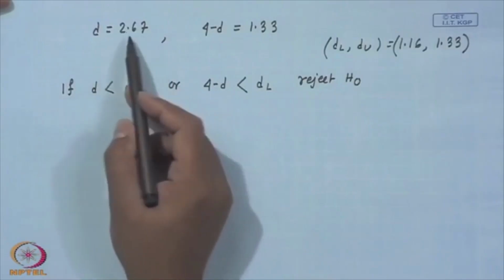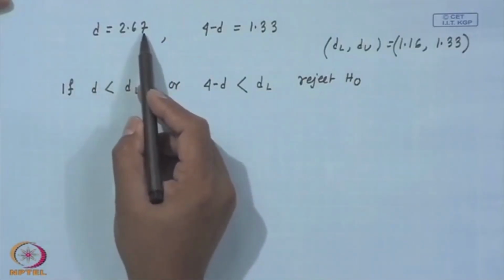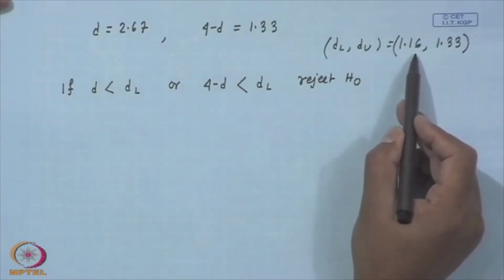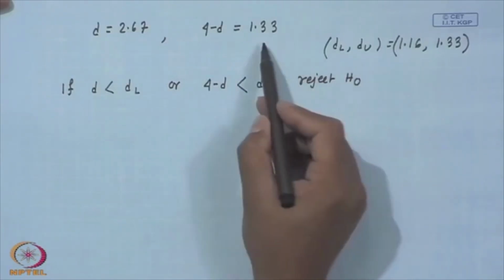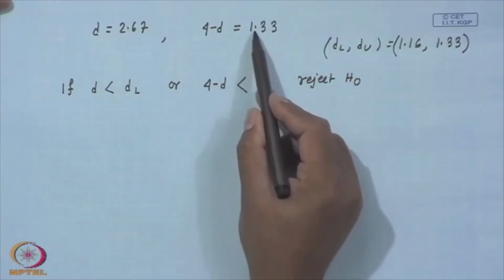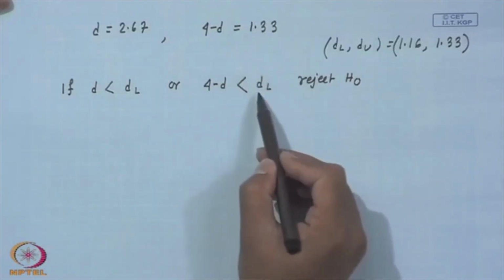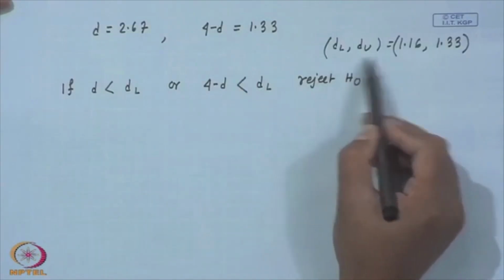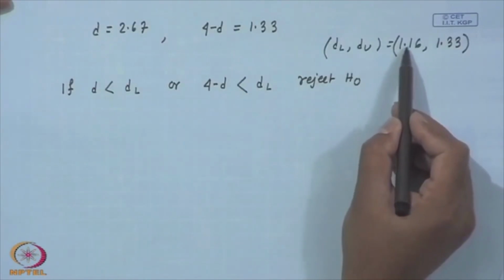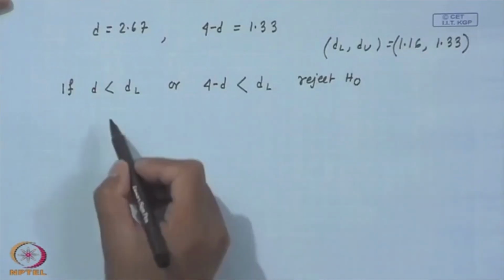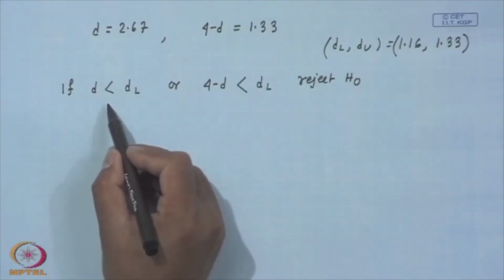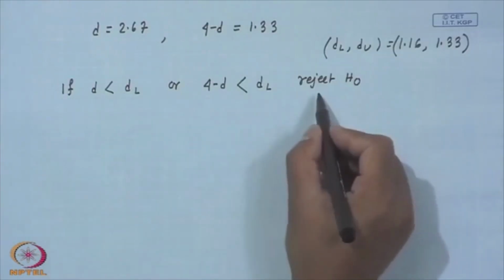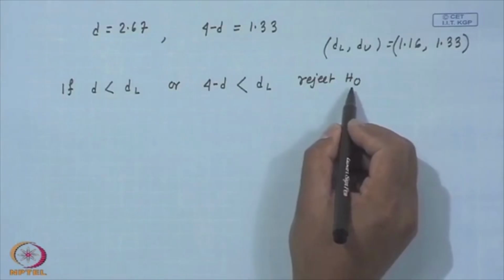D is 2.67, which is not less than dl, and similarly 4 minus d, which is equal to 1.33, is again not less than the dl value, which is 1.16. So, here the d value is large. So, we reject H naught.